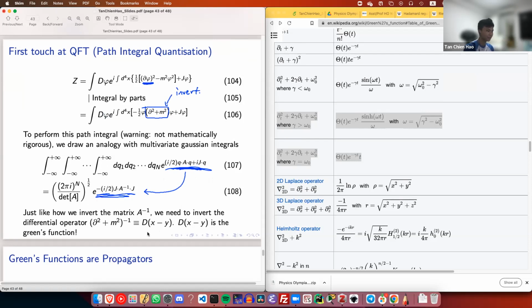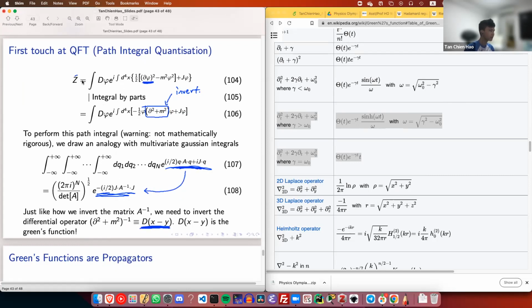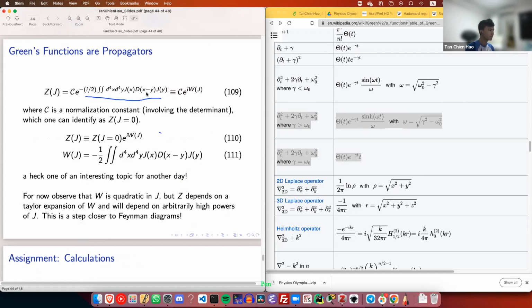We did it using Green's function. So if I denote Dxy as the Green's function of this differential operator, then that is very nice because now my path integral, which I call Z, is now given by this expression.